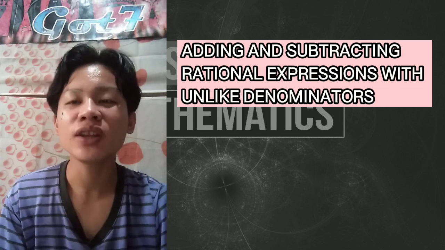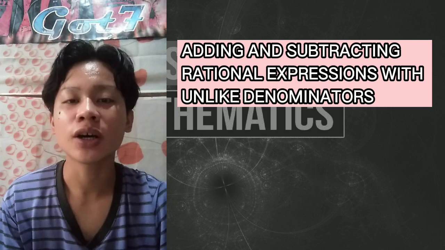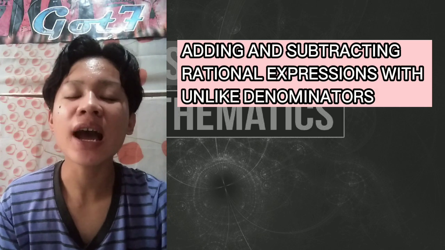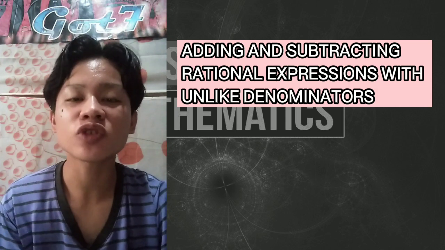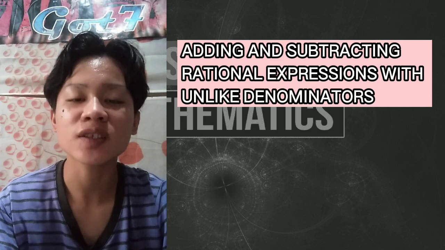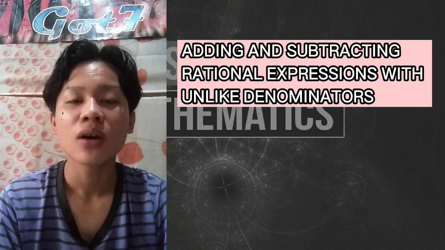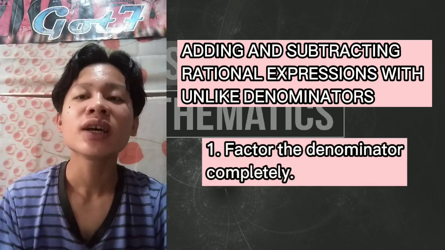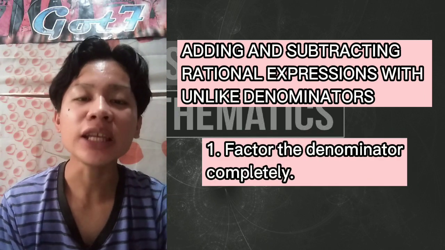In this video, we are going to find a solution in solving the addition and subtraction of rational algebraic expressions. By doing that, first we are going to factor the denominator completely.